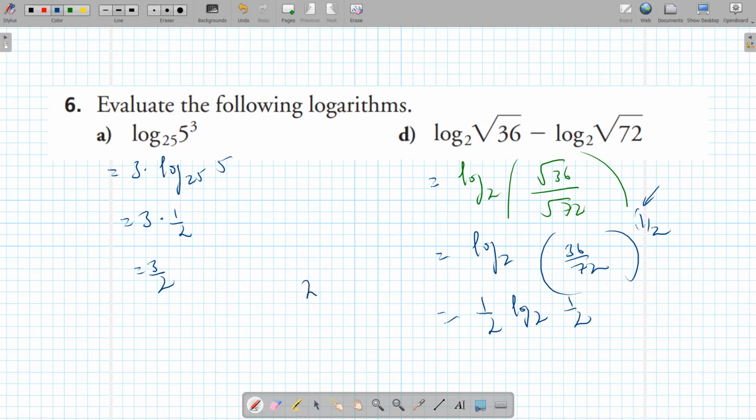Now think about it: 2 to the power of something is 1 over 2. What is it? And it is not 0.5. It's -1.